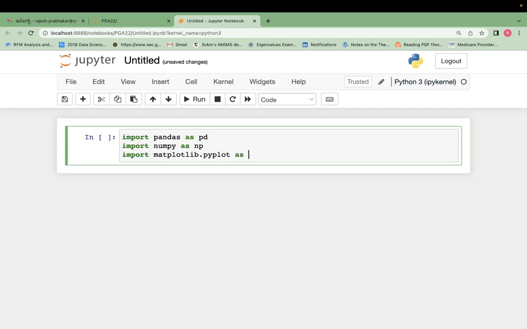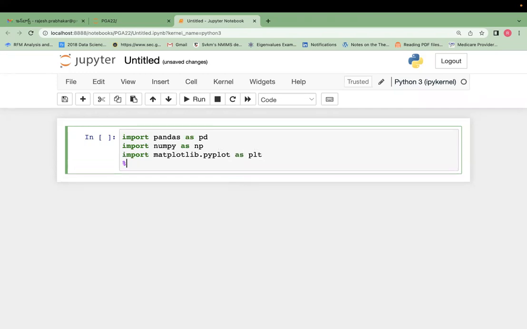I plot as PLT, percentage matplotlib inline.